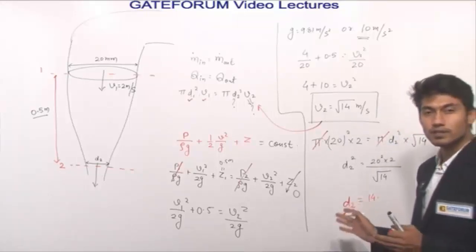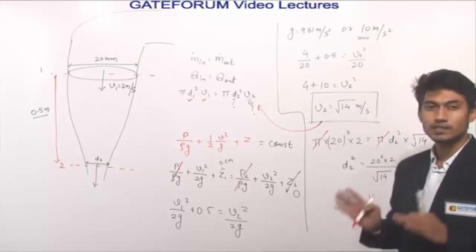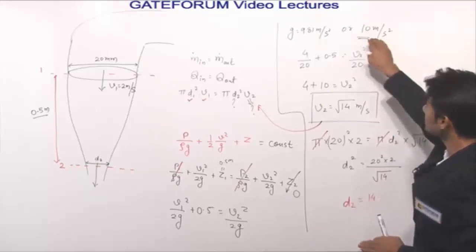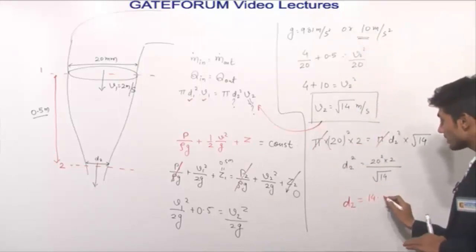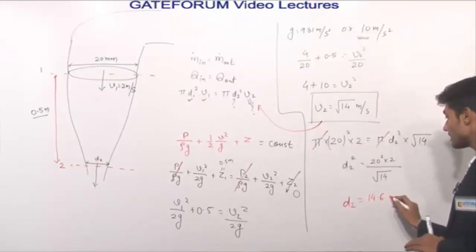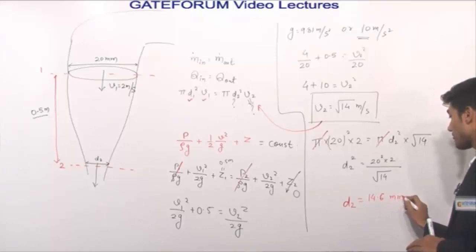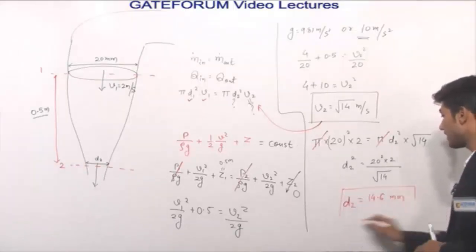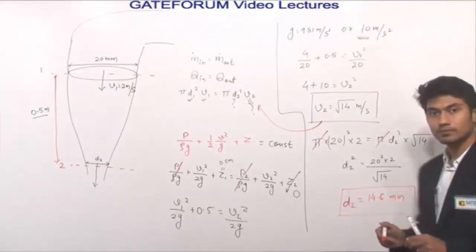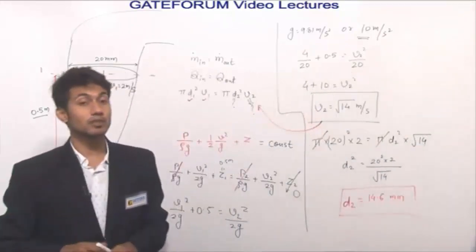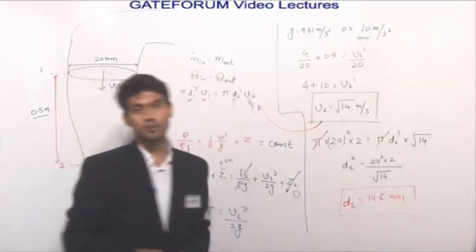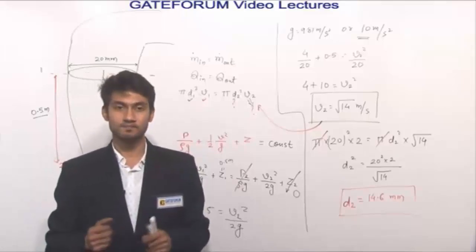Now this 14 point something can be 14.5, 14.6. Since you have taken g as 10 meter per second square, you will get some answer near to 14.6 mm. And even if you have got 14.5 mm, the answer you should take is B, 14.6 mm. So the final answer will be 14.6 mm.